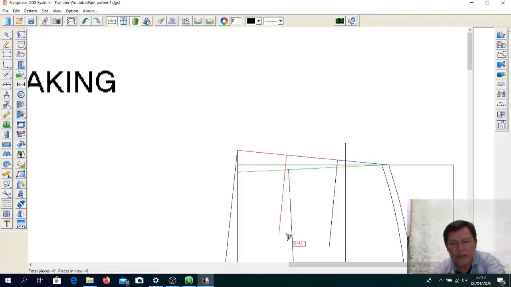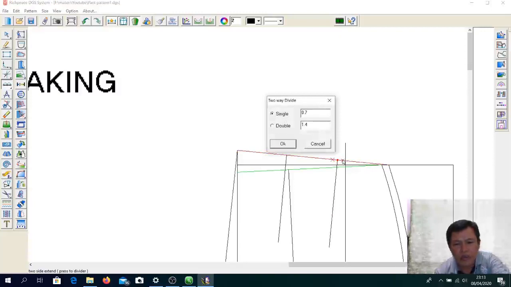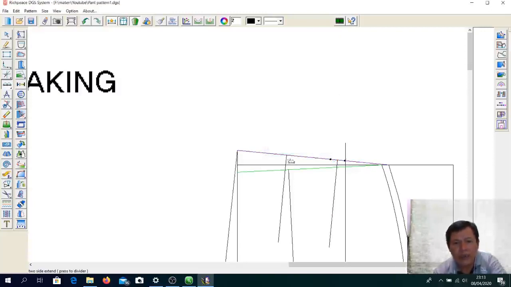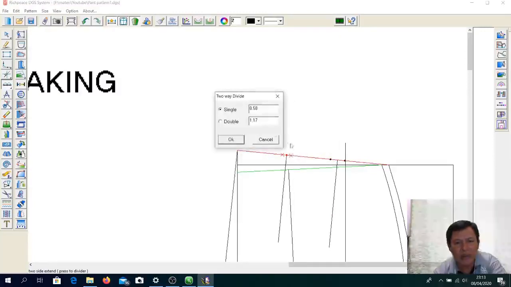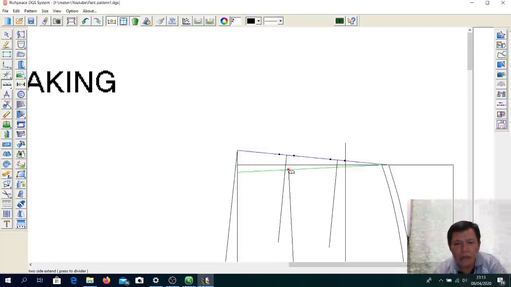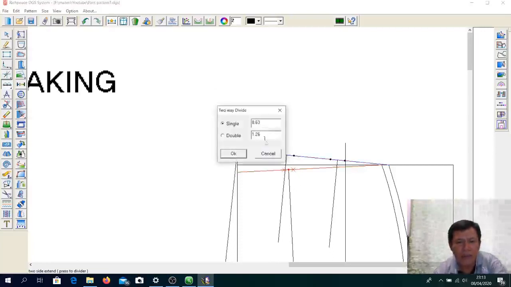This is also 12. Okay, and for the dart width, the back is 2 cm. This is also the same, 2 cm. For the front, 3 cm.